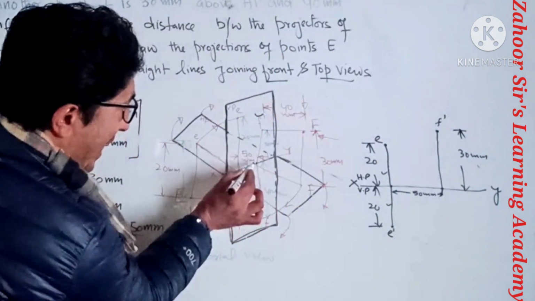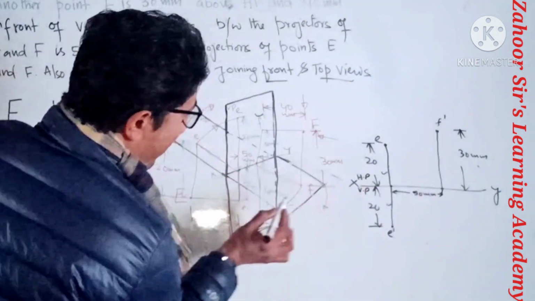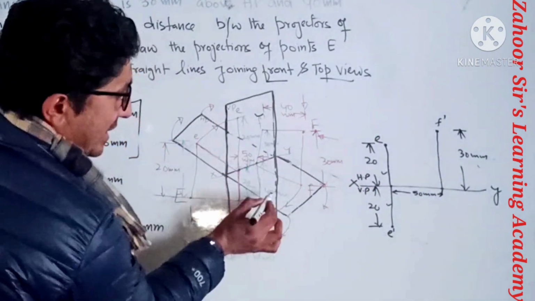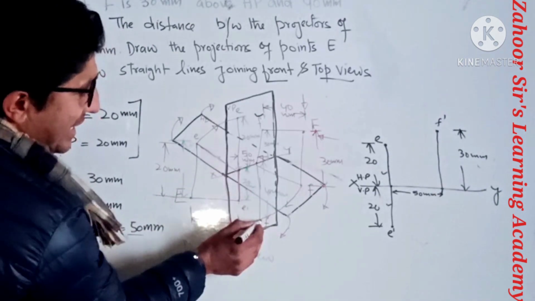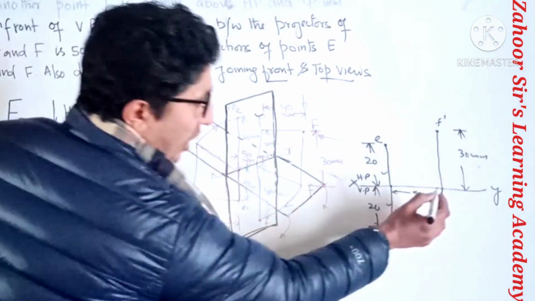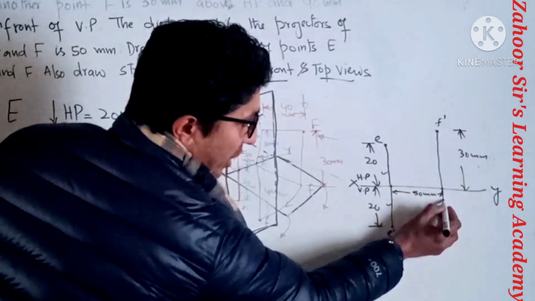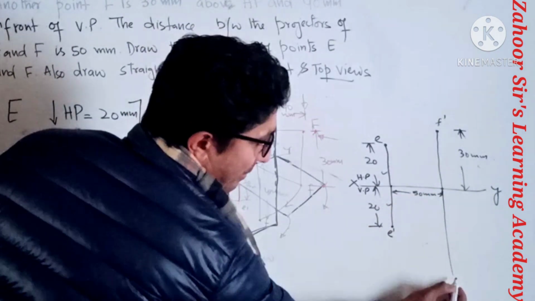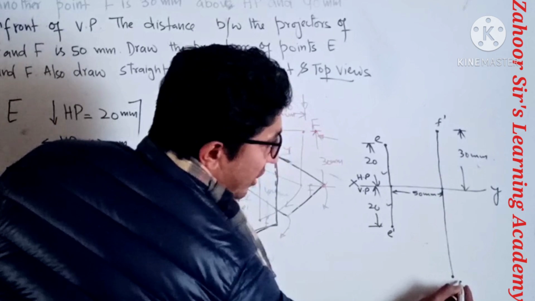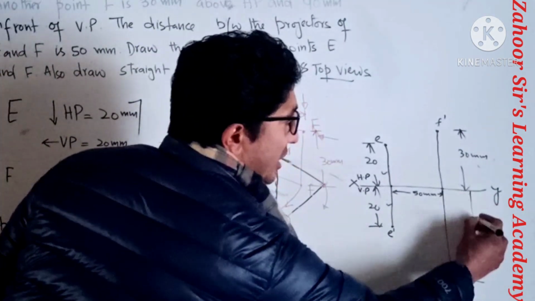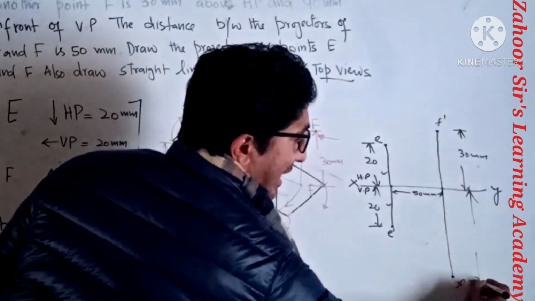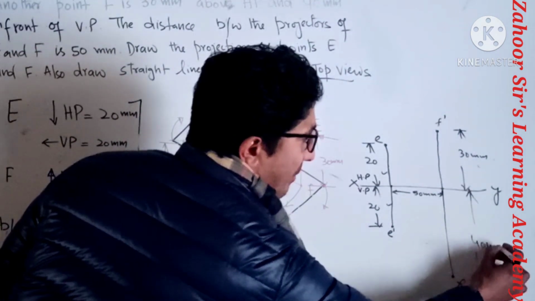Now in the same way, from this XY line we have to go downwards in the HP, that is how much? It is 40 mm. So I will draw a line from this point that should go 40 mm. So this is the other point, which is F. And the distance from this point to this point is clearly mentioned, it is 40 mm.